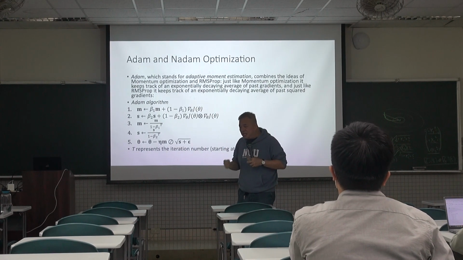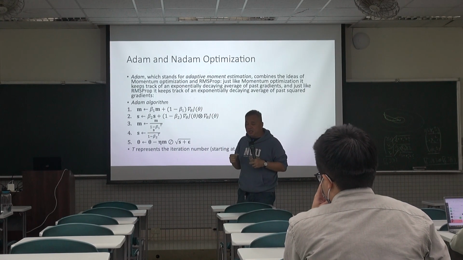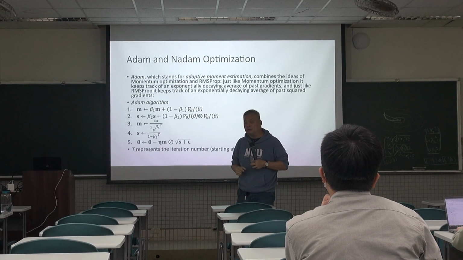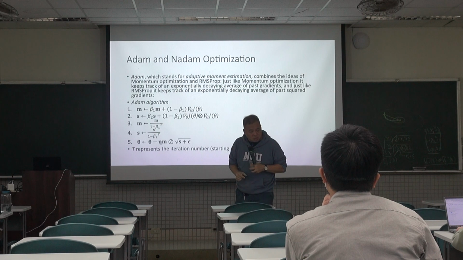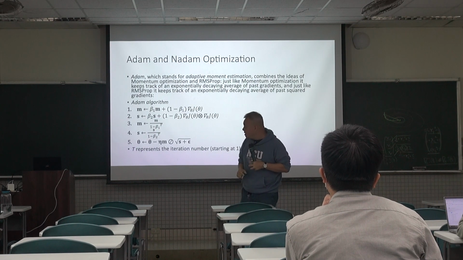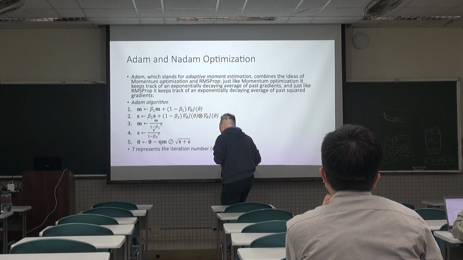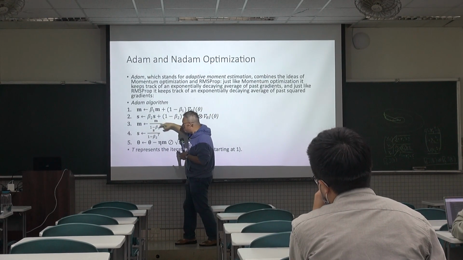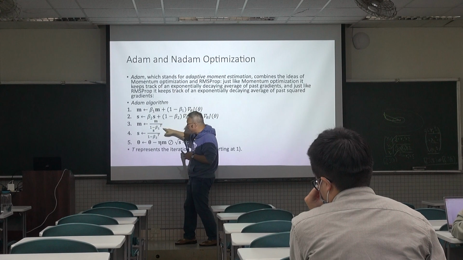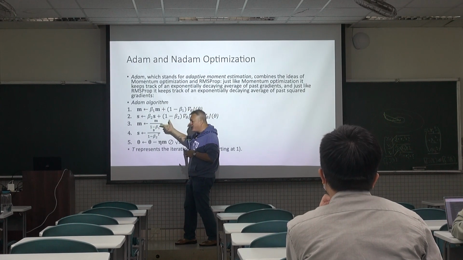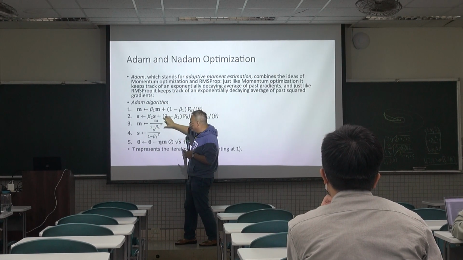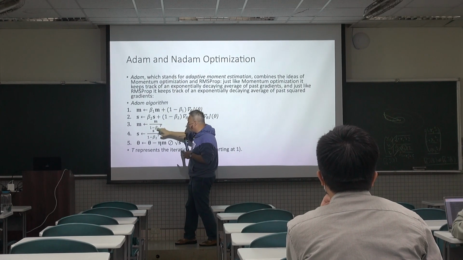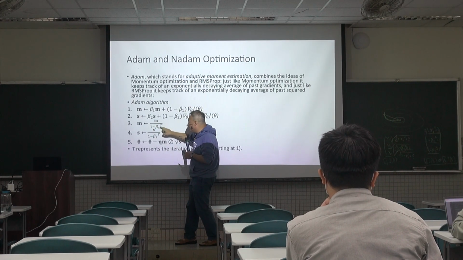So at the beginning, the initial values of M and S may be too small. In order to avoid that, we introduce the third line and the fourth line. Let me explain the third line. M will be assigned M divided by 1 minus beta 1 to the power of T.